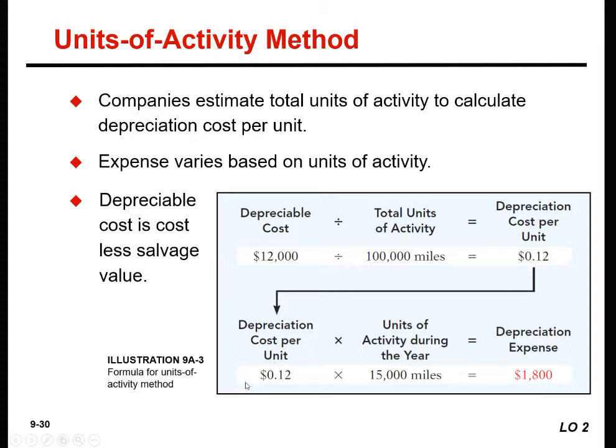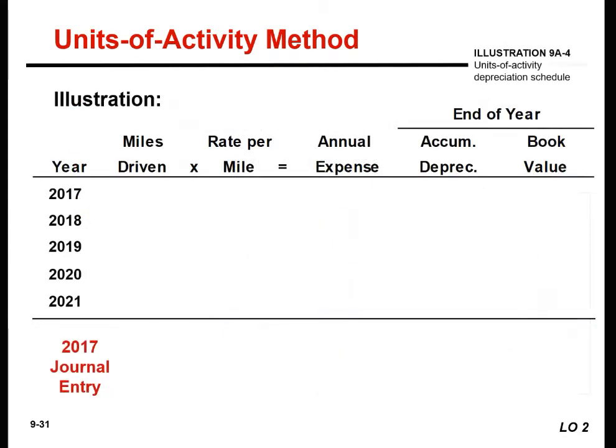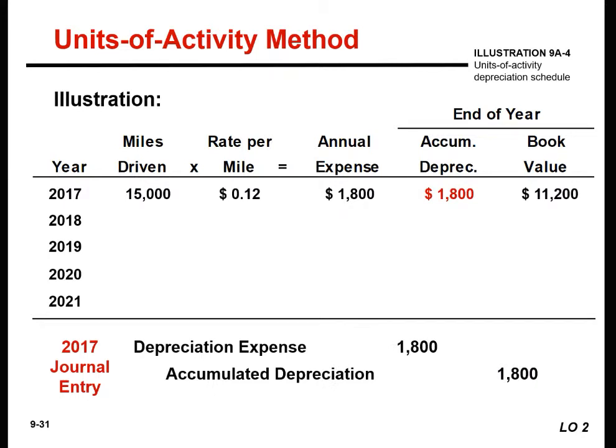We then apply that cost per unit to the units of activity that occurred during that specific year to determine the depreciation expense. So for the units of activity method, it all comes down to what occurred in that specific year. That's how we calculate our depreciation expense and what we will post to our accumulated depreciation account.